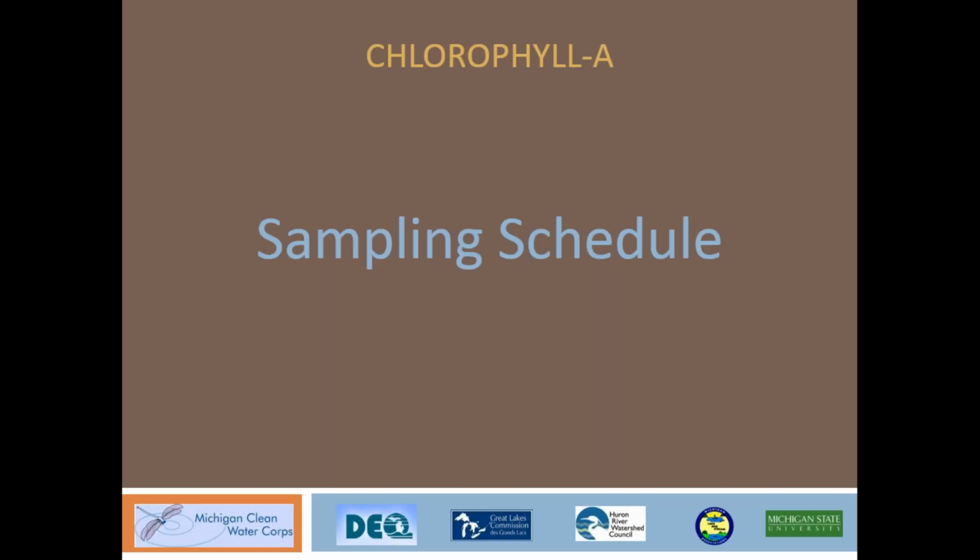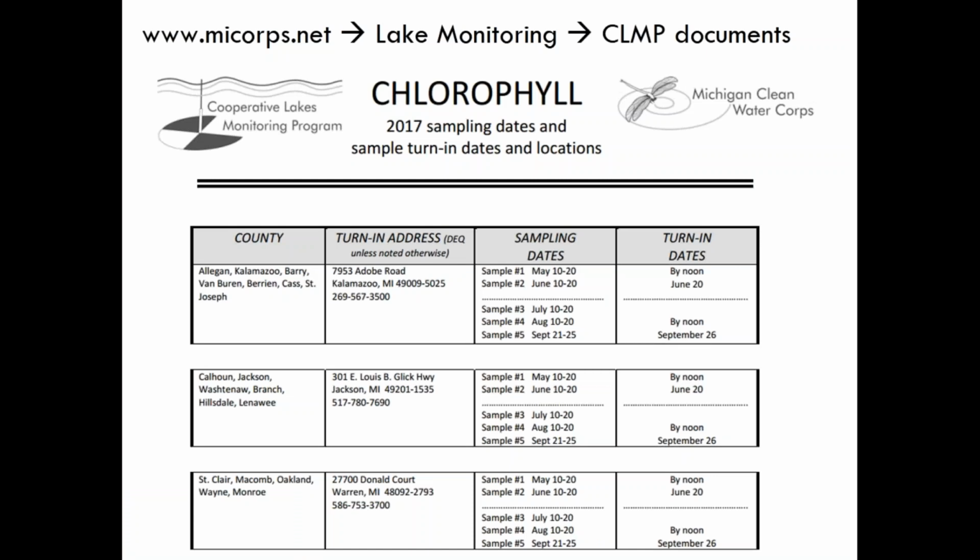Sampling schedule. This will look familiar to you because it's formatted very similar to the way that the summer phosphorus schedule is formatted. Depending on your county, it controls when you do your sampling.